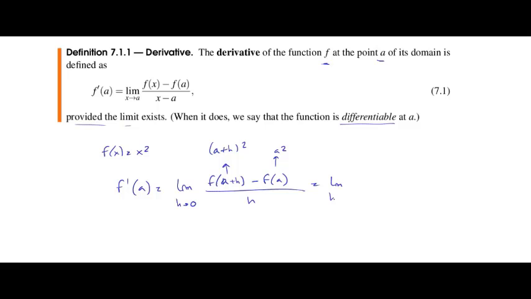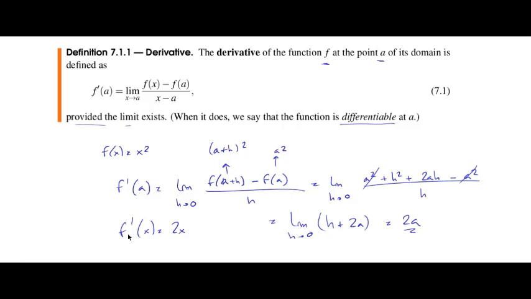So this is the limit when h goes to 0 of a squared plus h squared plus 2ah minus a squared, divided by h. So this and this cancel out, and then we have the limit when h goes to 0 of h plus 2a, in other words 2a. Because this is true for every a, we can rewrite this: the derivative of x squared at x is 2x, as you probably know.